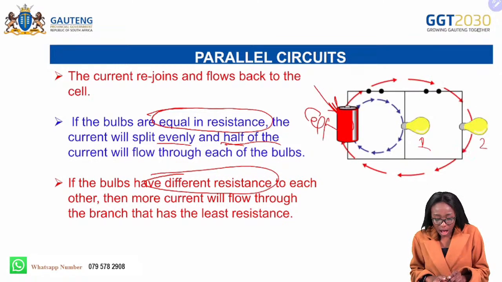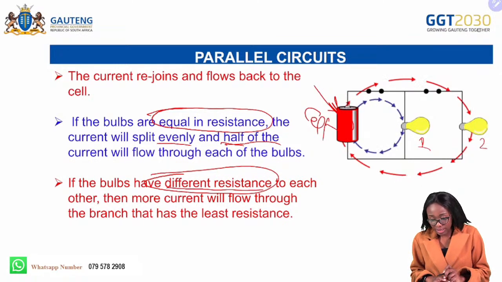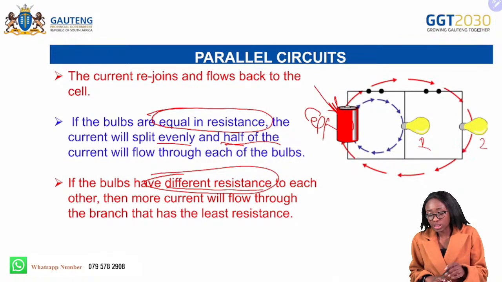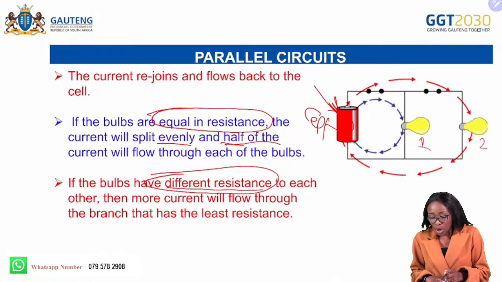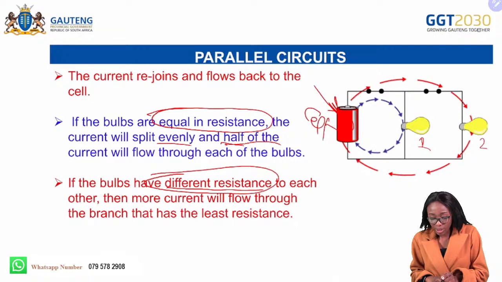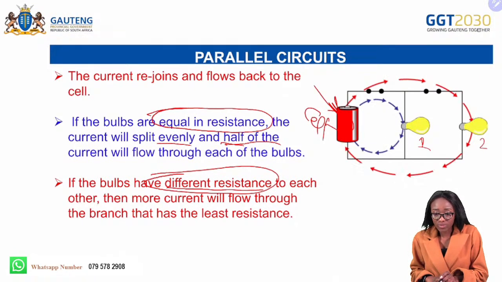If the bulbs have different resistance, let's say bulb number 1 is receiving the blue charges, then bulb number 2 is receiving the red charges.